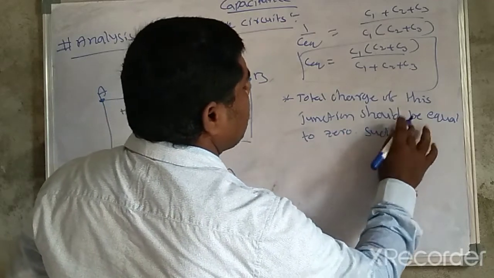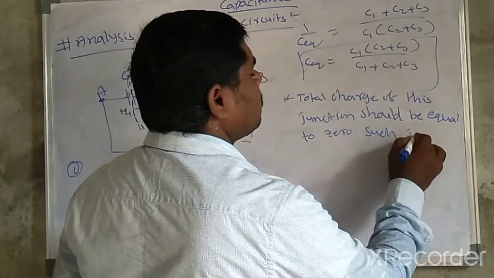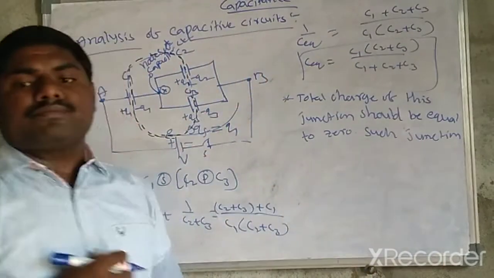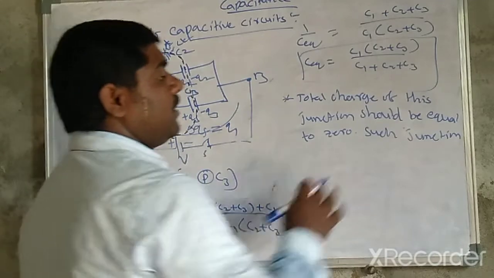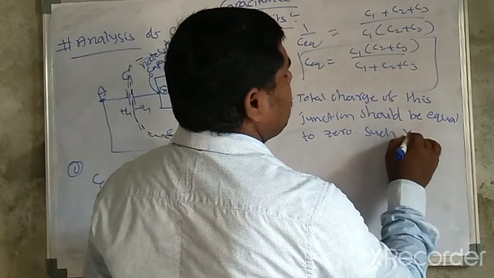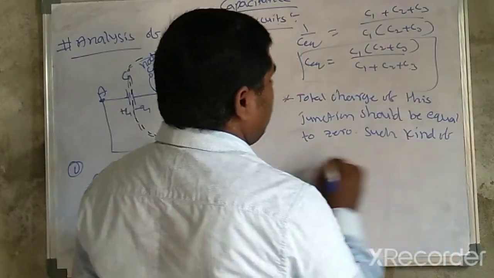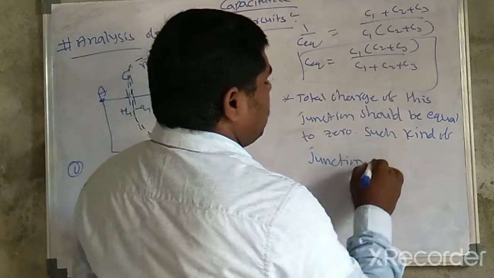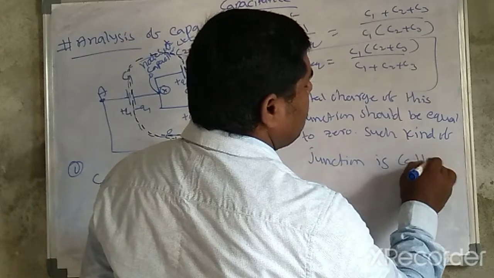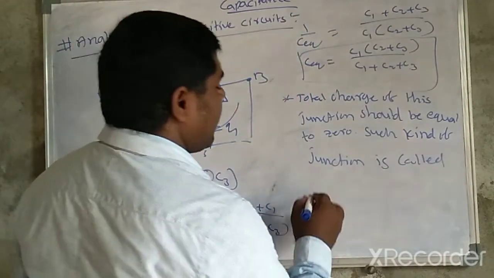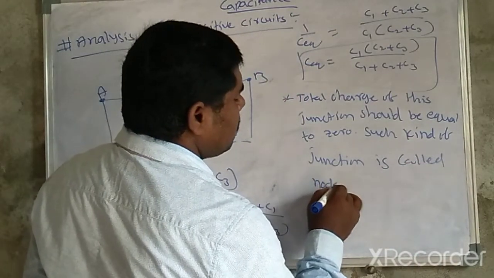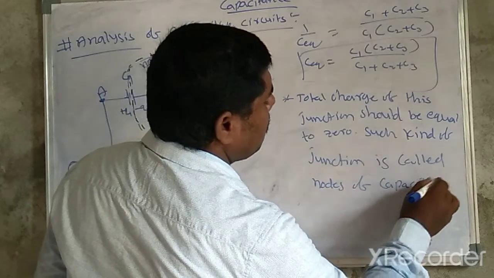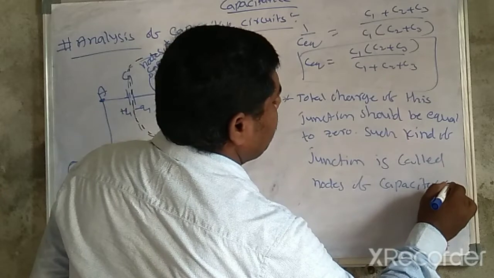Such a kind of junction is called a node of a capacitor circuit.